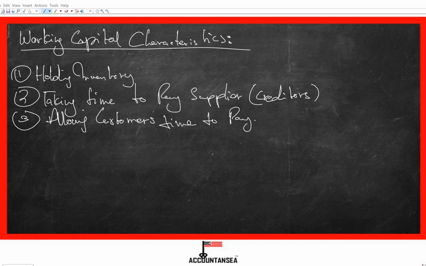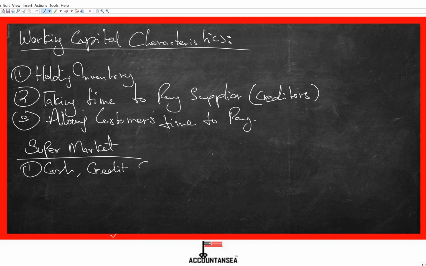Okay, now here are some examples. Number one example is supermarkets. Whenever you go to the supermarket, supermarkets or other retailers receive much of their sales in cash, or by credit card or debit card.